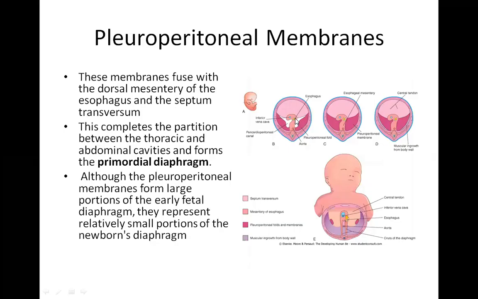Over here you can see these are the openings of the pericardio-peritoneal canals. These are the two growing pleuroperitoneal membranes, which are now sealing off this gap. This one is the septum transversum. This one is the dorsal mesentery of the esophagus. This is the dorsal part and this one is the ventral part. These are the two pleuroperitoneal membranes. They will fuse with the dorsal mesentery of the esophagus and the septum transversum. This completes the partition between the thoracic cavity and the abdominal cavity and forms the primordial diaphragm.